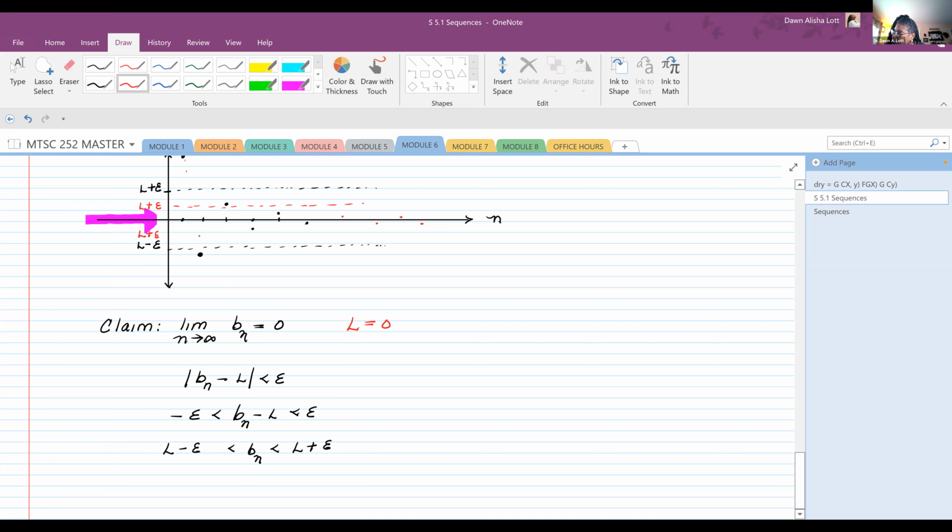Now notice I have to go out further into the sequence until all the points are within an epsilon margin about my limit. So that's what the definition means.